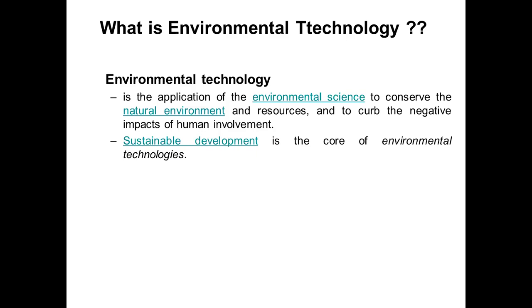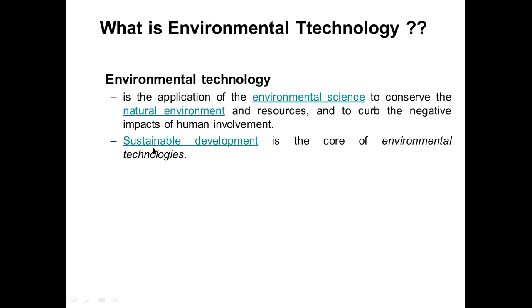Because of that, water gets polluted, and the fish and the aquatic life in those water resources get affected. So environmental technology is the application of environmental science to cure these negative impacts of human involvement.